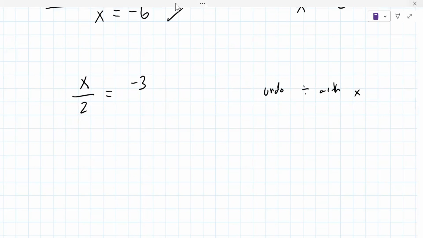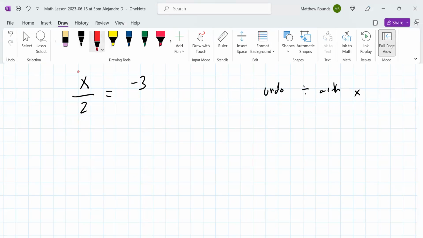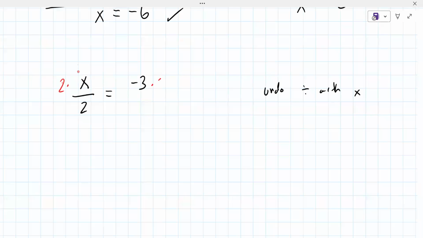So you're going to solve this. You multiply both sides by 2. Now on the left, these cancel. They undo each other. So the left becomes just x equals, the right side is -6. Is that okay?